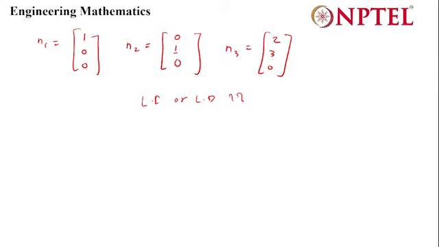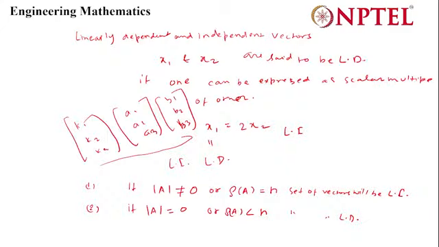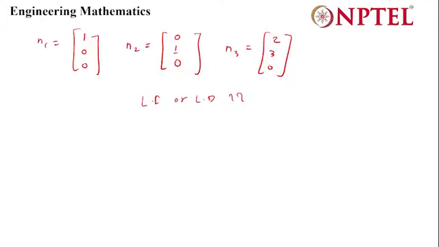So what I told you, what is linearly independent, what is linearly dependent. So how do we check? Firstly, whatever the vectors are given, you have to make the matrix and get the determinant. So we have three vectors here. We will make the determinant matrix.